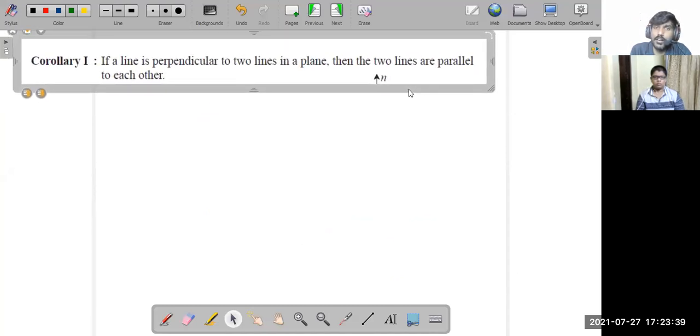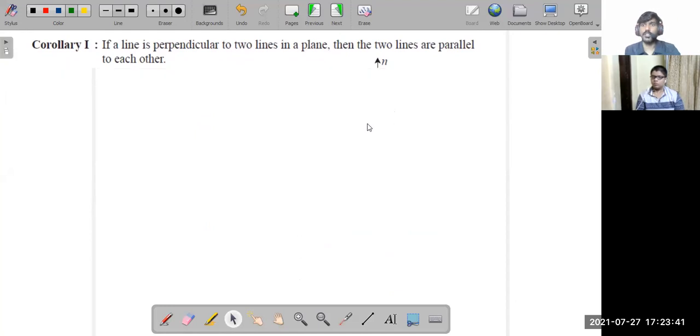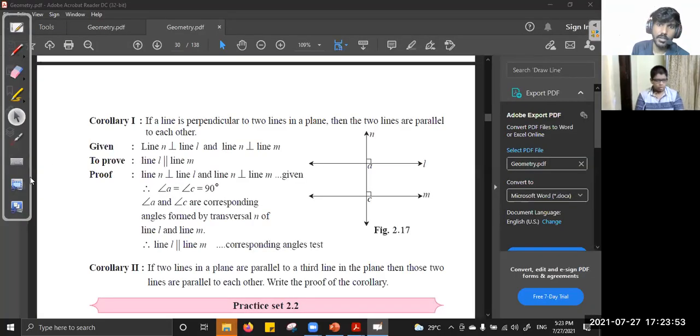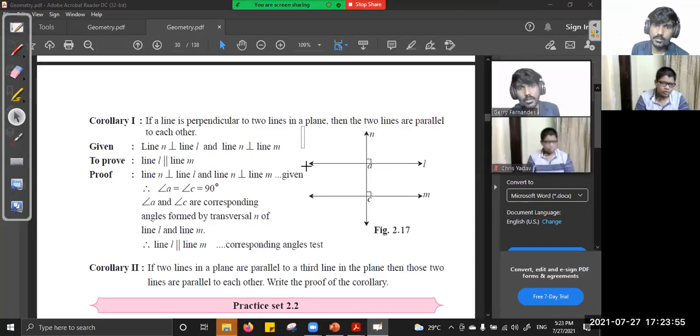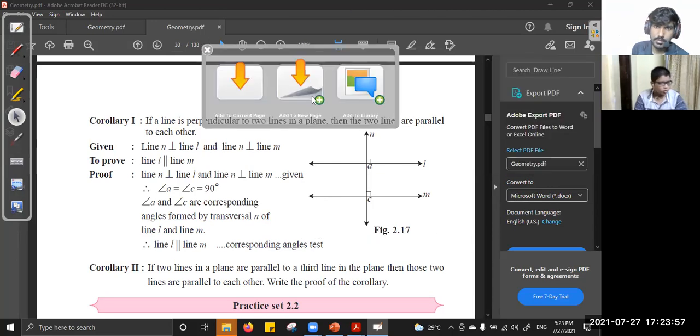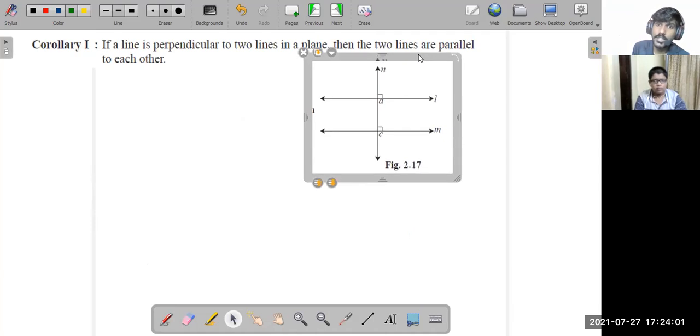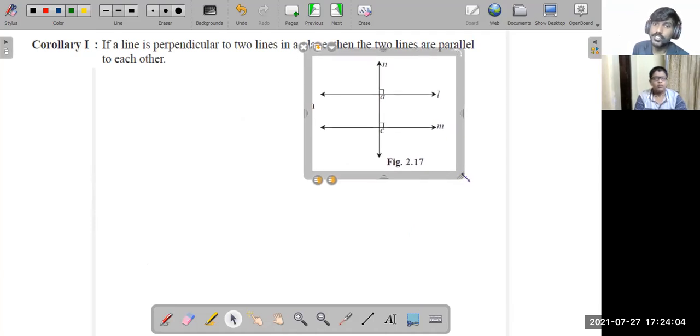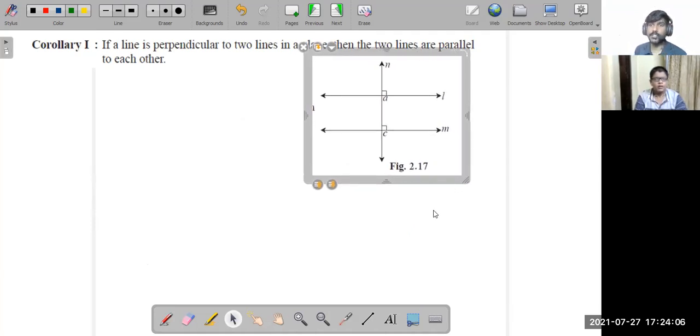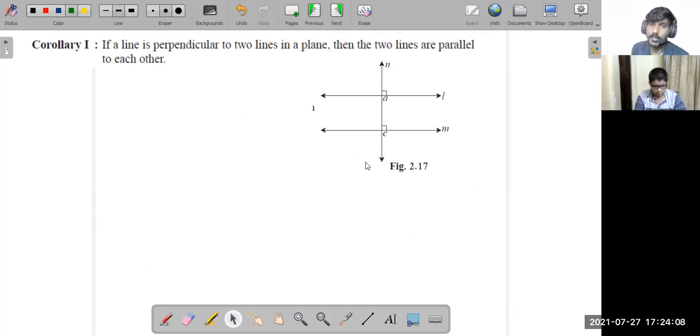Corollary means an additional result or extended result of your original statement.